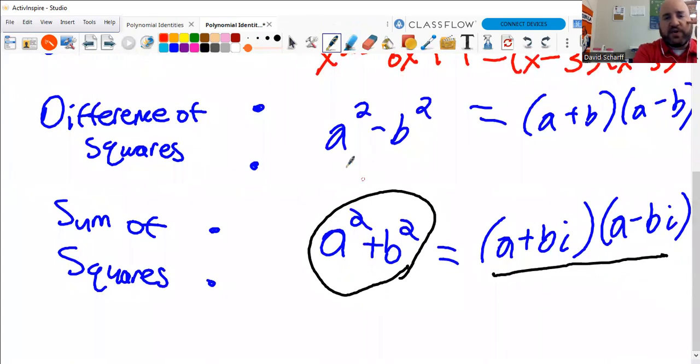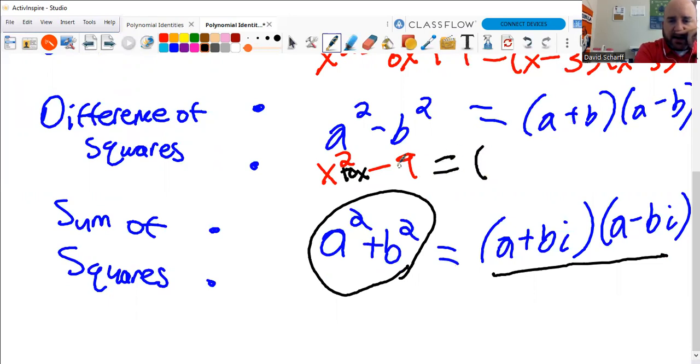So for our difference of squares and sum of squares, honestly, I could do it with difference of squares as well. If I had x squared minus 9, again, b is going to be 3, so 3 squared is 9. There's no x term in the middle, so you can almost treat it like I have an invisible 0x here.